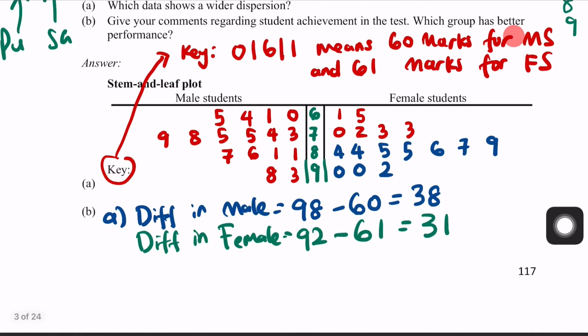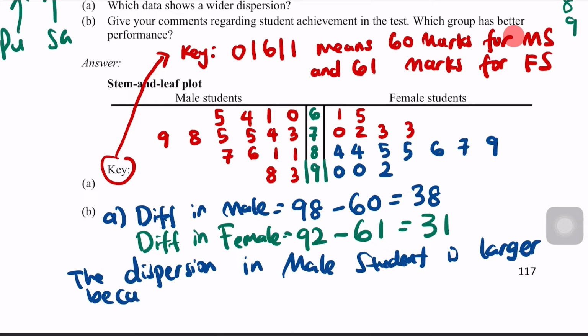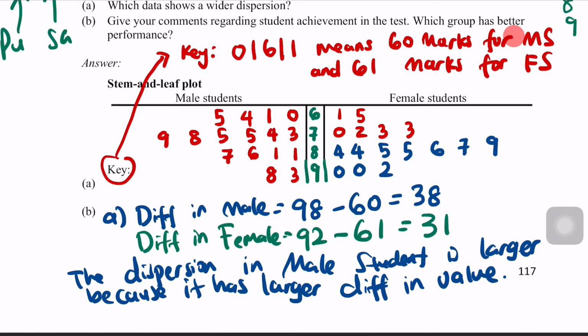So from that value, we can say that the dispersion in male student is larger. Why? Because it has larger difference in values. Macam tu cara kita jawab.